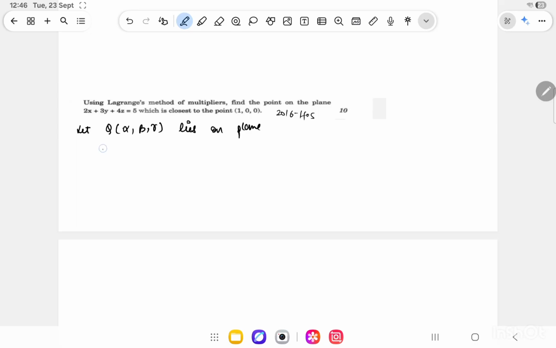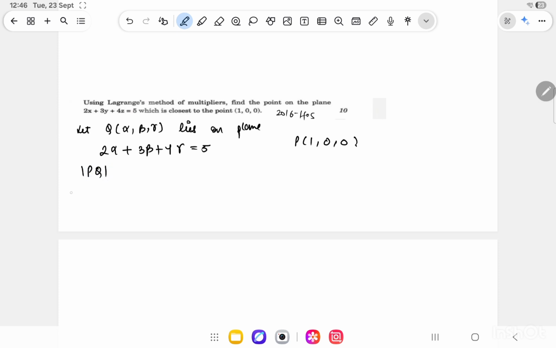Therefore it must satisfy the equation of the plane. So 2 alpha plus 3 beta plus 4 gamma equals 5, and this point is closest to the point P, that is 1, 0, 0. So we are supposed to find a point Q such that PQ is least.